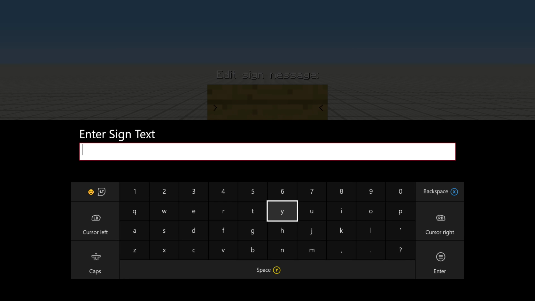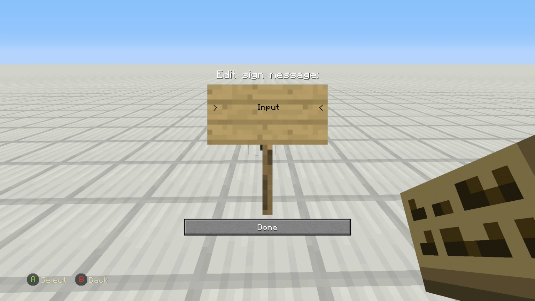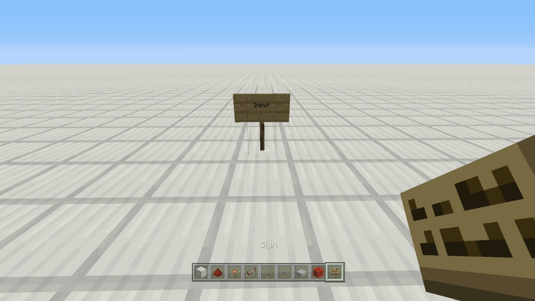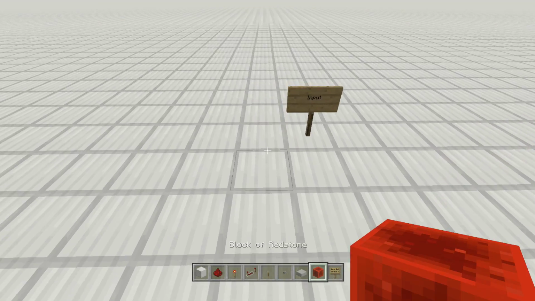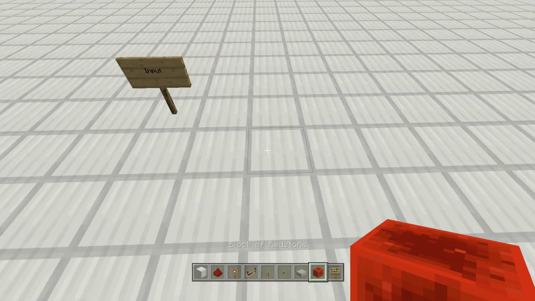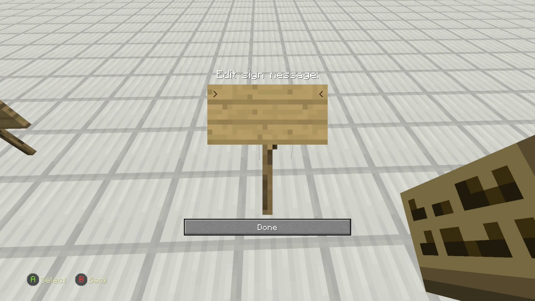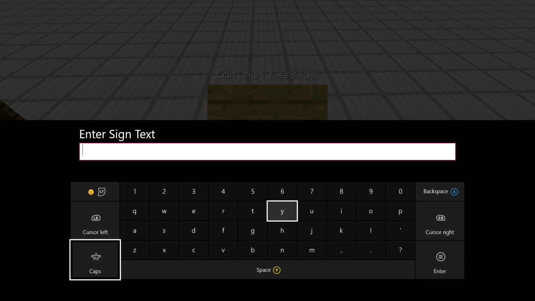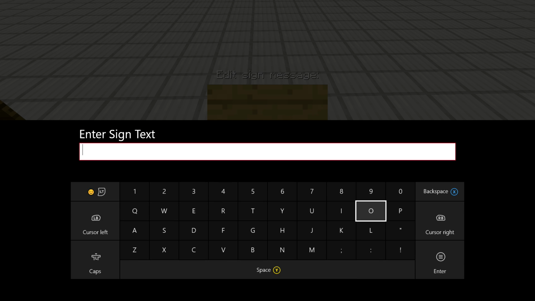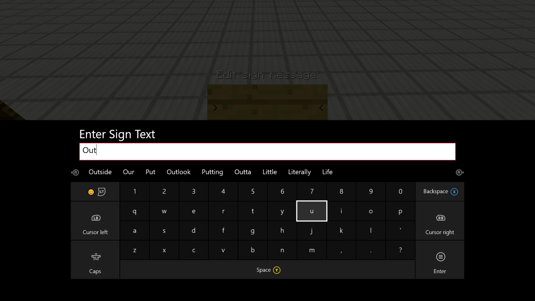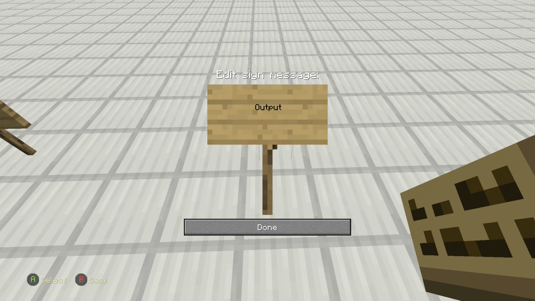Let's say these are my inputs, right here, and over here I'm going to have my output. I'll just put it farther away so that you guys don't get confused.